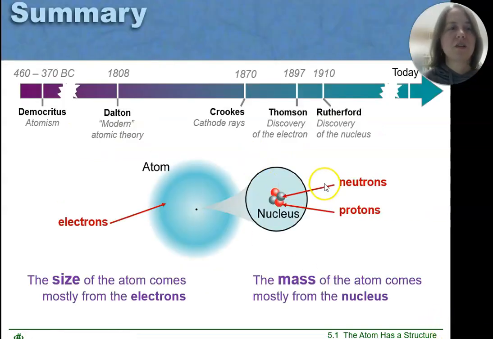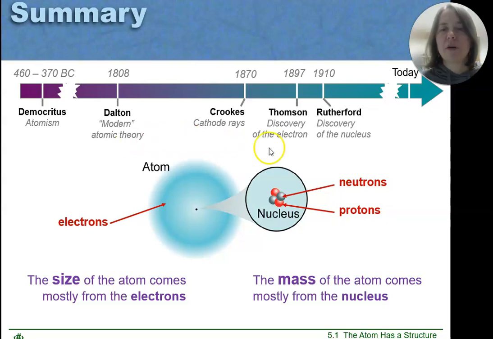In summary, we go back 2,000 years to the ancient Greeks, Democritus, and he developed the idea of an atom. Then to the early 1800s and to Dalton, where he came up with the modern atomic theory: atoms of the same element are the same, and atoms of different elements are different.